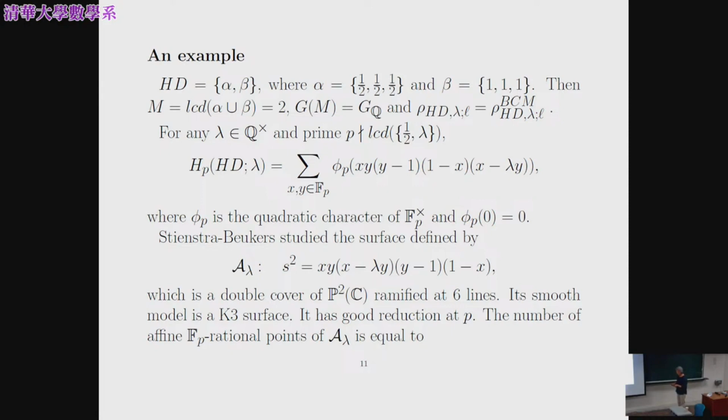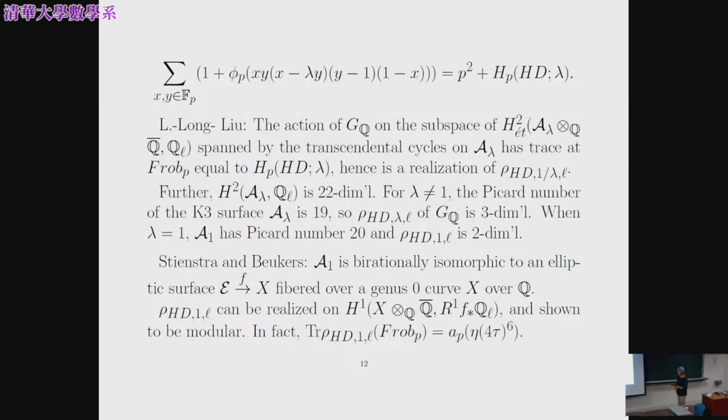And since it has good reduction at P, we can reduce modulo P and count how many solutions there are. We find out that the number of solutions is equal to P squared times this hypergeometric character sum. Then the question is that, for people who are in geometry, we understand that when you count the number of solutions mod P, you look at the zeta function from various pieces of cohomology.